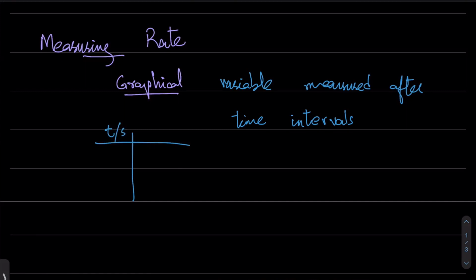And that variable can be volume of gas, that can be mass in grams, that can be concentration, that can be temperature, that can be a number of different things. Anything that changes during a reaction can be used here. Once we have that, we draw the graph. The two main methods that O levels and IGCSE people use is volume of gas and mass versus time. So I'll show you graphs of both of them.